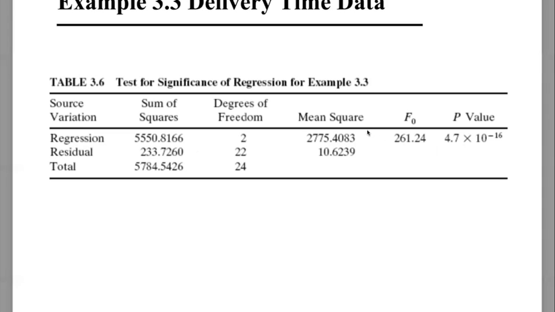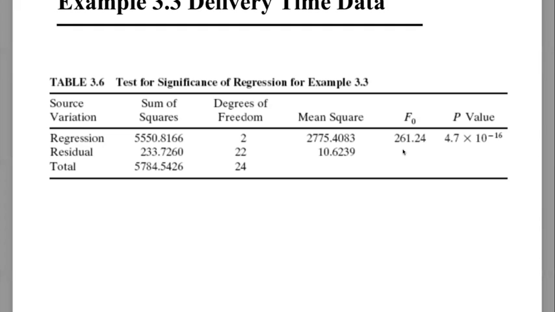And then finally, the F statistic, F calc I like to call it, the calculated value of the test statistic, is the ratio of those two mean squares, 2,775.4083 divided by 10.6239, and that gives a calculated F statistic value of 261.24. And remember, we're looking for large values of that F statistic to lead us to reject the null hypothesis that neither of those two slope coefficients is 0.